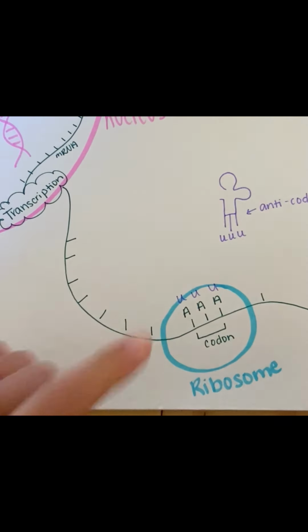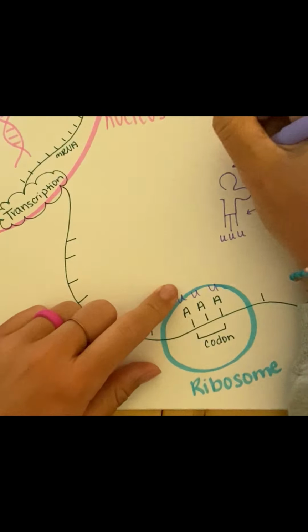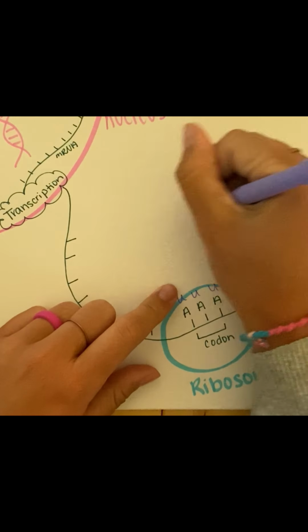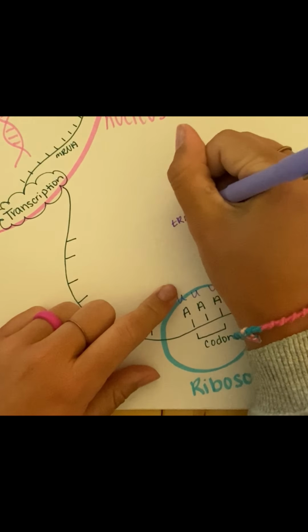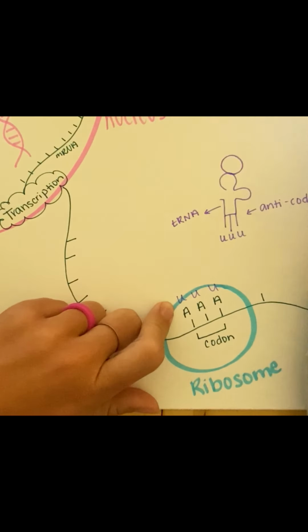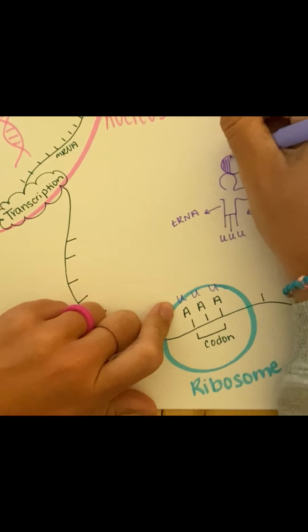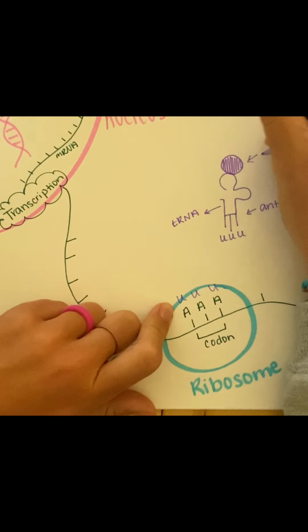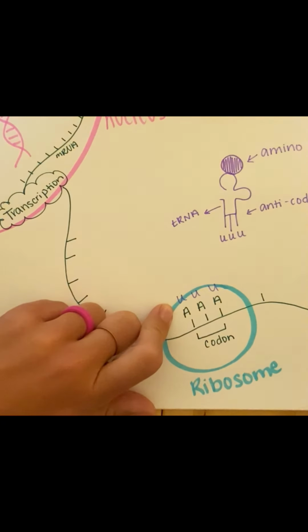All right, but what's crazy is that this tRNA, let's label this as our tRNA, our transfer RNA, has this little thing attached to it. And this little ball that's attached to it is an amino acid. And amino acids, if you remember, are the building blocks of proteins.